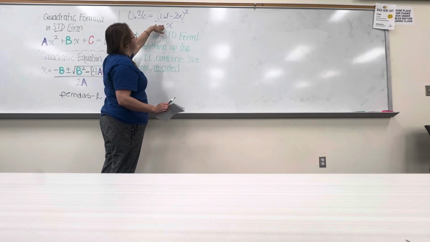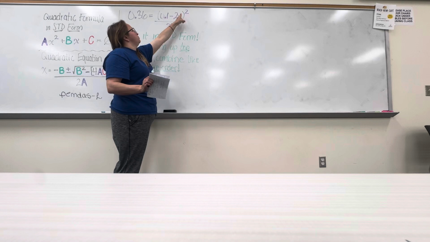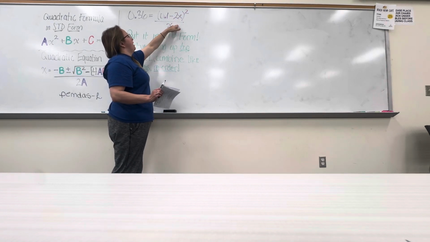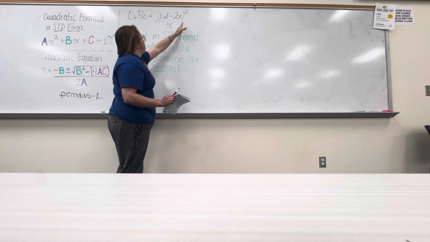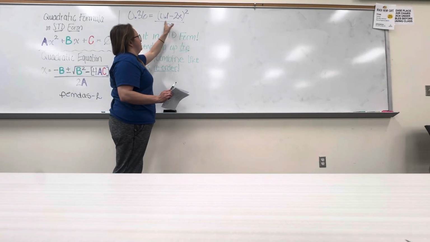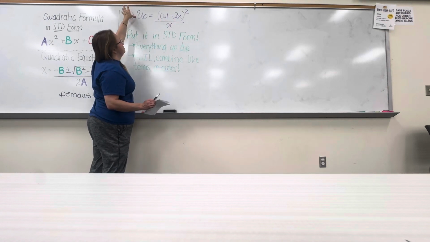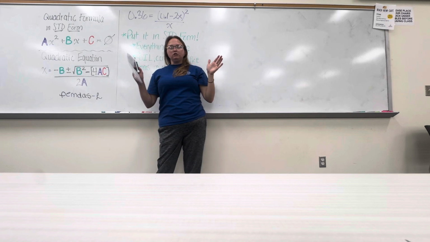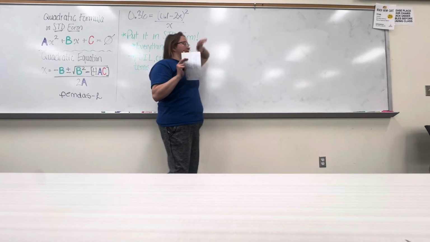But we also know that when you have x's up top, which are being squared, you cannot have an x in the denominator, okay? So we want everything from the denominator, everything from the bottom, to be put up top, okay? That's the first thing we're going to do. Take whatever's in your denominator, find a way to move it up top.